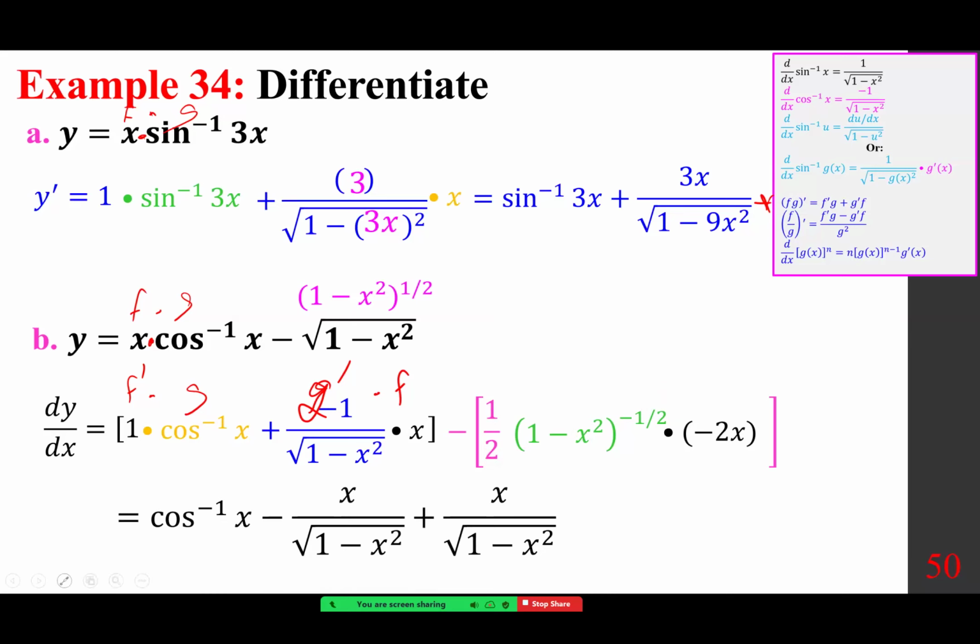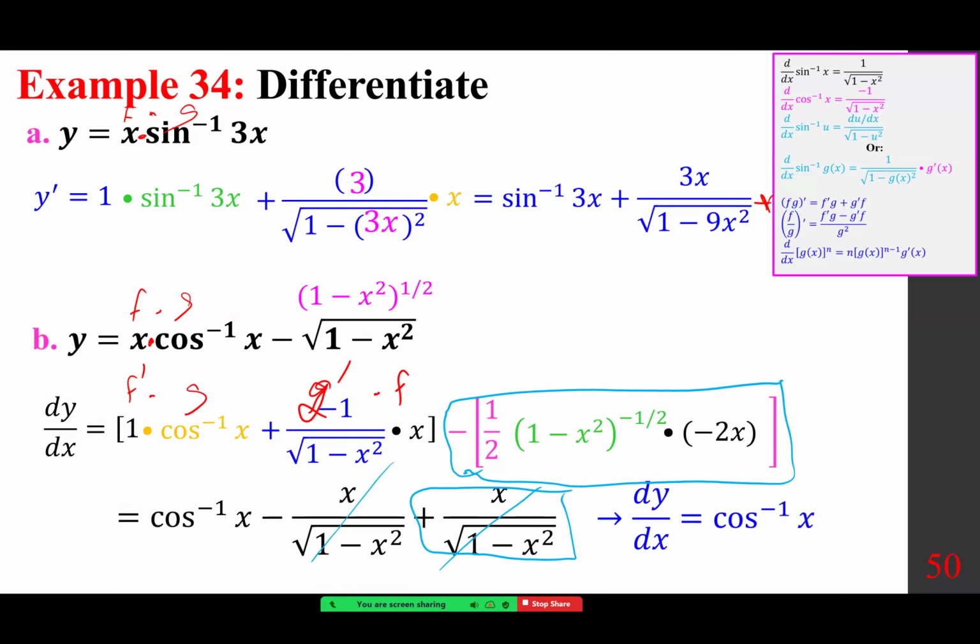So I hope you can see, this is elementary algebra, that this is equal to this. These two are opposite. The answer is dy dx is cosine inverse of x, and we are done.